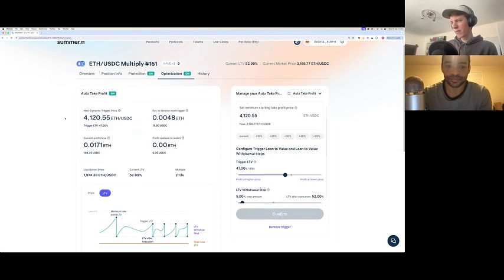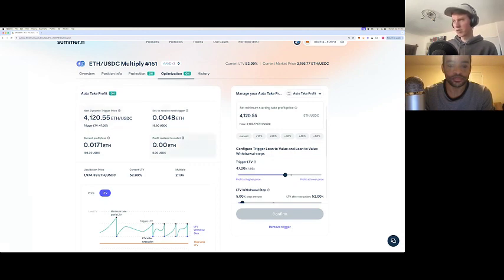Currently, you can see that the next trigger will be at 4,120.55. You will receive about $20 of ETH. Your current profit and loss is around $108, and your profit realized to your wallet is currently zero.